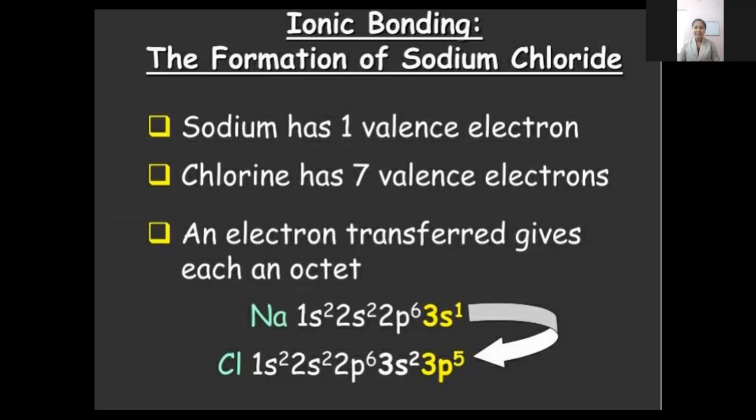So now we can see in detail how sodium chloride is formed. In sodium, we have 1 valence electron, whereas in chlorine, we have 7 valence electrons. Valence electrons are the electrons present in the outermost shell of an atom. The electronic configuration of sodium is 1s2, 2s2, 2p6, and 3s1, whereas chlorine is 1s2, 2s2, 2p6, 3s2, and 3p5.